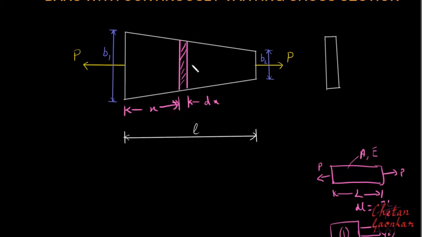Now let b1 be the height of this bar at this end, and as we go over its length it reduces to b2, and let t be the thickness of this bar. So it is a bar of uniform thickness, so we are keeping the thickness constant throughout its length, and then at a distance of x I have considered this small element of length dx, right?